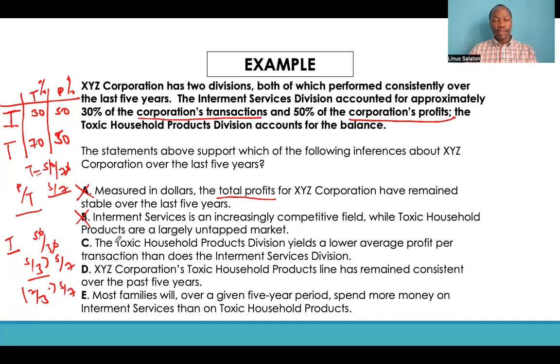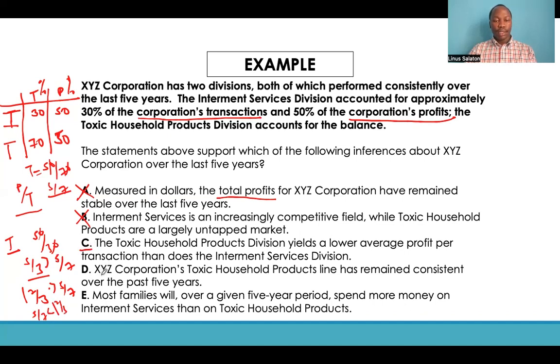So C says the toxic household products division yields a lower average profit per transaction than does the Interment Services Division. That is true. We have done the calculation and found that the average profit per transaction of the toxic household division is lower. So 5 over 7 is less than 5 over 3. That is true. We can keep that for the moment.